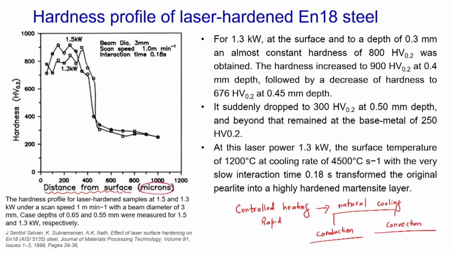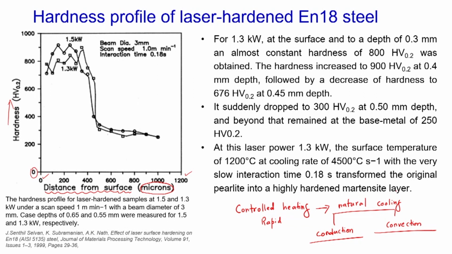You can see that we are varying the distance from the top surface from 0 micrometer to about 1200 micrometer, 1.2 millimeters. The hardness value has been taken on the y axis. Here the hardness was noted to be varying from about 200 HV value to up to 1000 HV value.